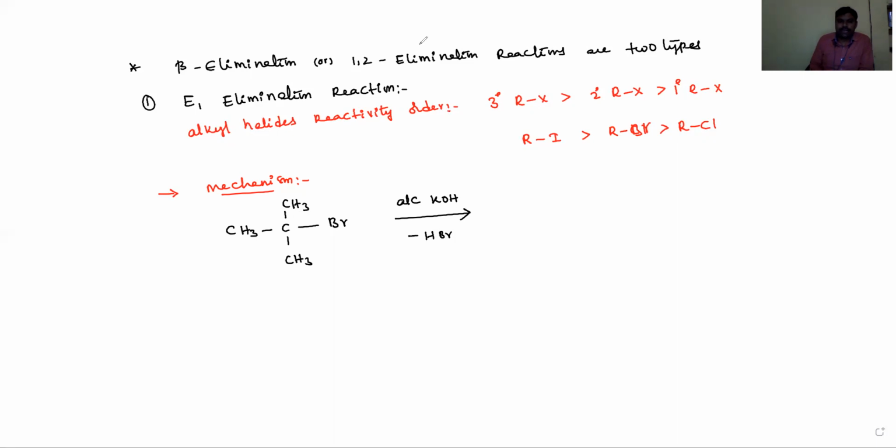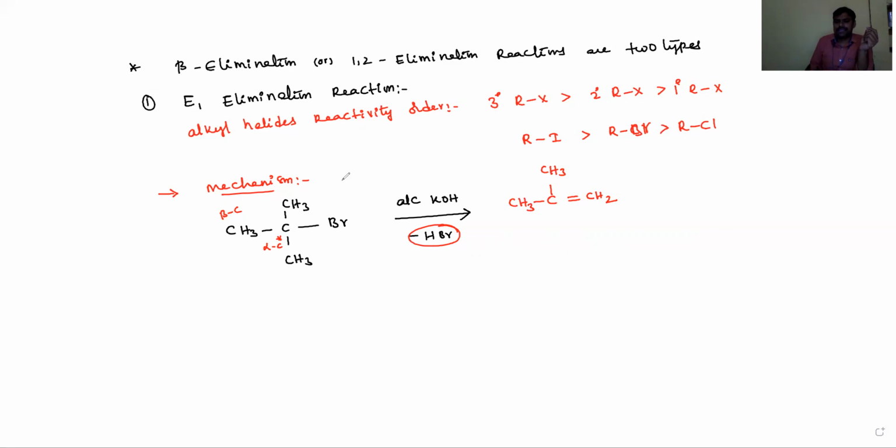The halogen attached carbon we consider the alpha carbon and the adjacent carbons we consider beta carbons, but these are all the same kind of beta carbons. That's why it gives only one product. From any one of the beta carbons we remove one beta hydrogen, then we get loss of HBr. The product is CH2 double bonded, 2-methylpropene, the major product.